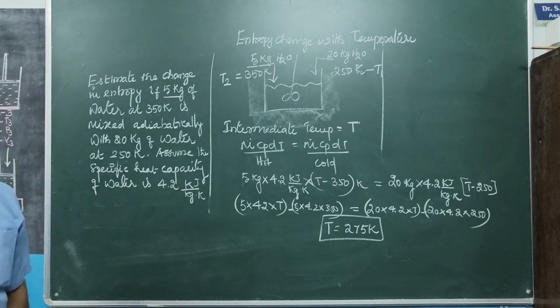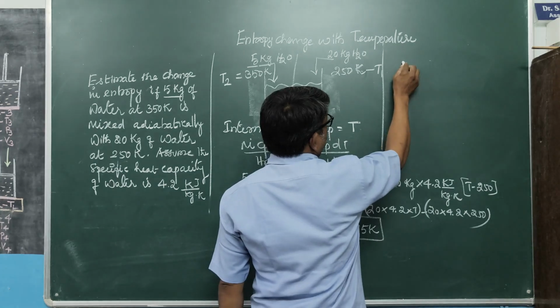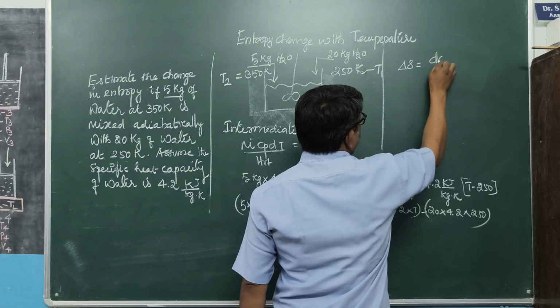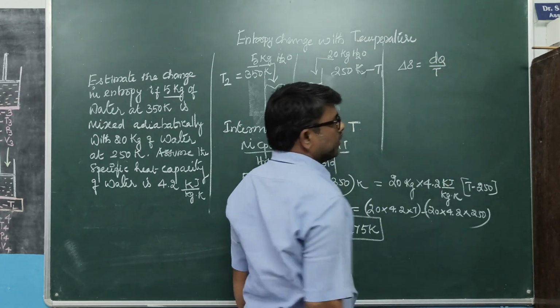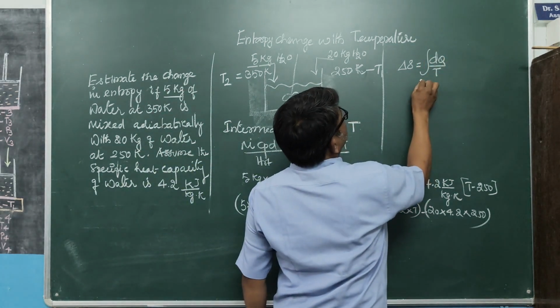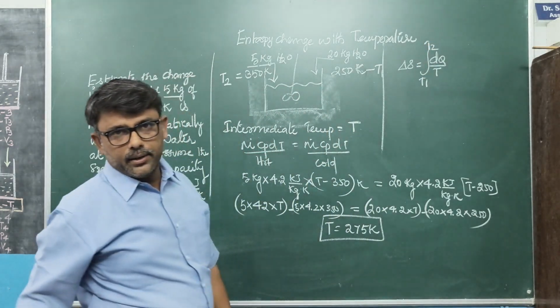Again I am going to find the value of changes in entropy. Clear? The mathematical representation of the second law of thermodynamics is integral dq by T from T1 to T2. Clear?